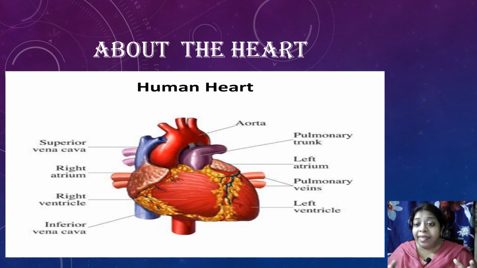It is said that about 5,000 ml, that is 5 liters of blood, is circulated each minute. We will talk more about how the heart is composed, and we will also talk about the structure of the heart.